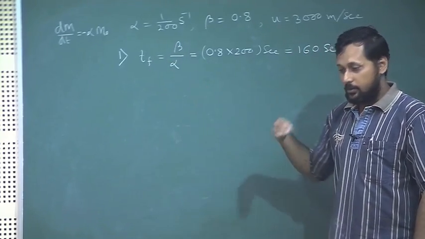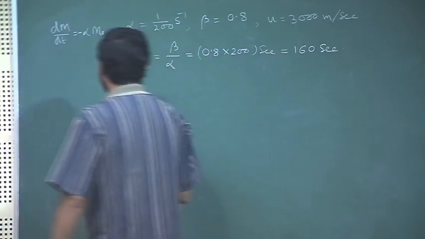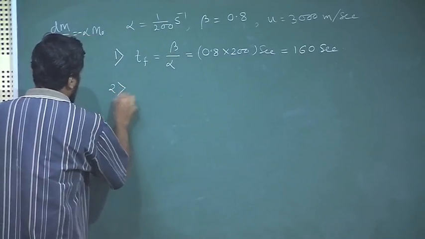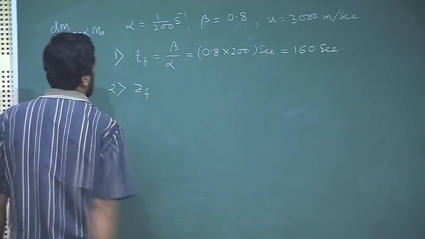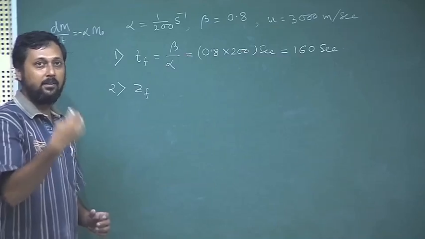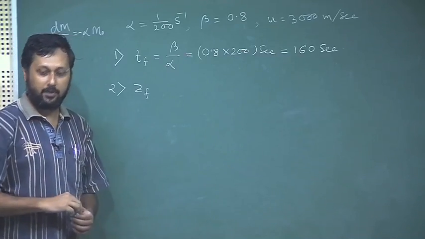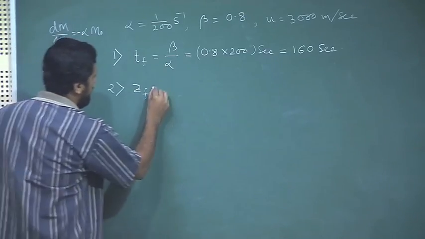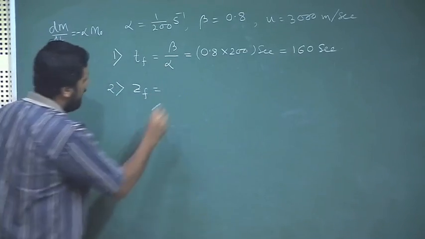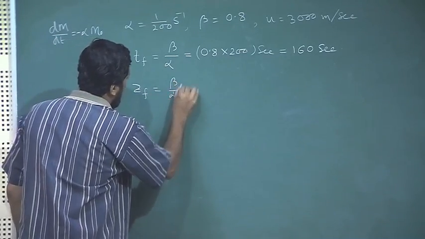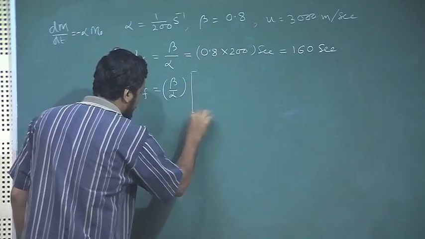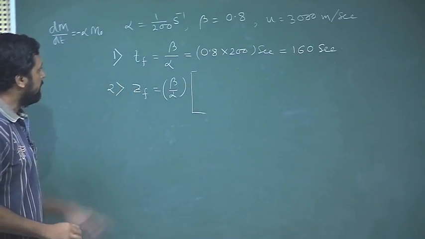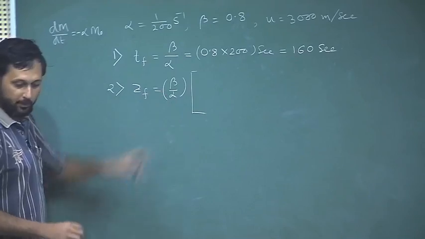Okay. Now, the next quantity we have to calculate is Zf, the maximum height it can achieve. Now, in order to do that, we recall that the expression for Zf is beta by alpha times, and beta by alpha happens to be exactly equal to Tf.